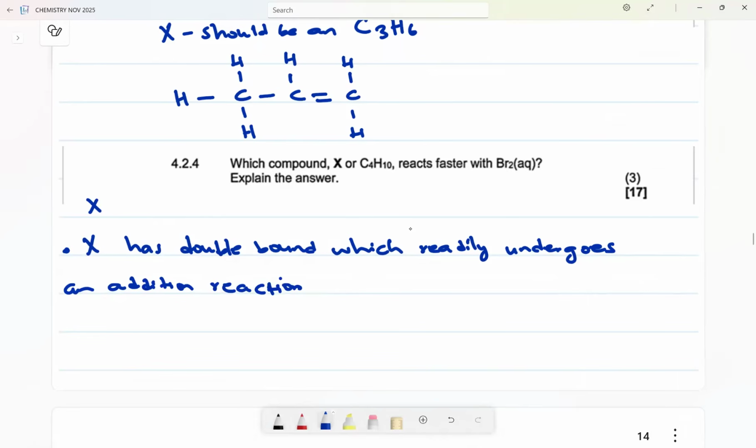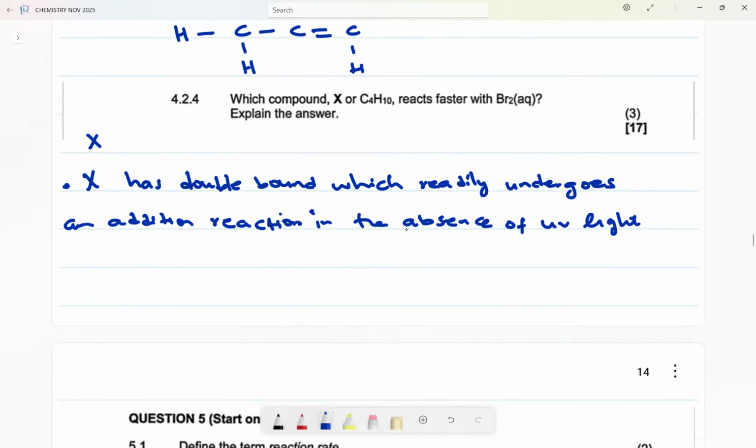In the presence, very important, in the absence rather, it does not need UV light. Whereas now C4H10 needs UV light to undergo substitution.